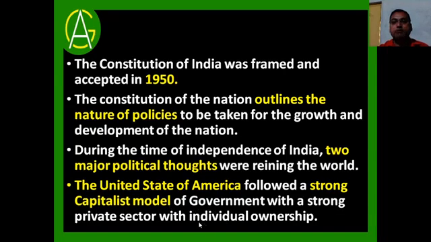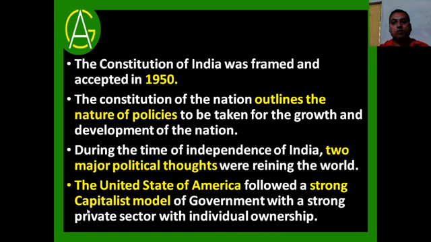That means individual ownership of all the factors of production. Individuals are the owners of the factors of production. Government has no role in economic activities and all the economic activities will be freely performed by private ownership.